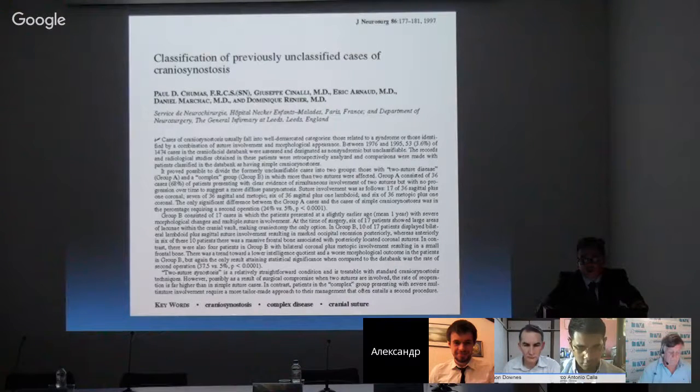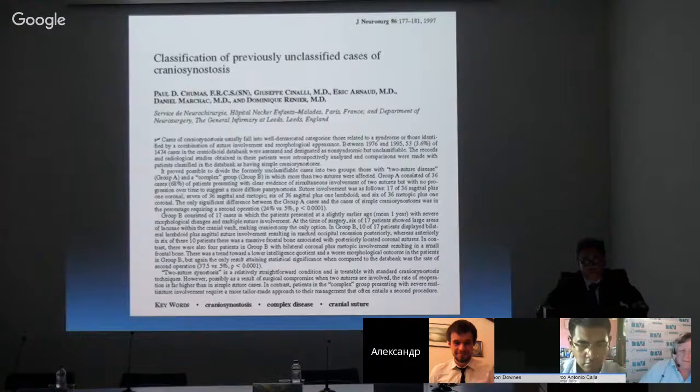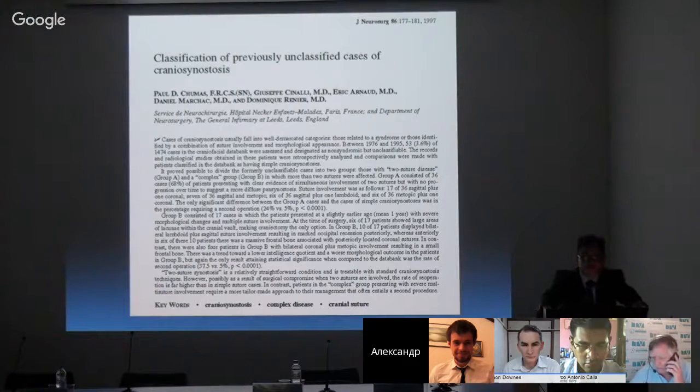This article of 1997 in England by Dr. Thomas shows that we don't actually classify all the craniosynostosis, because the craniosynostosis is defined by the shape of the head, and depending on which or how many sutures are closed, we have a different shape of the head.